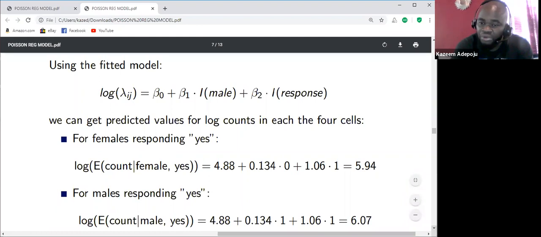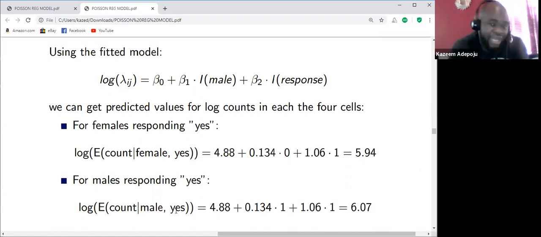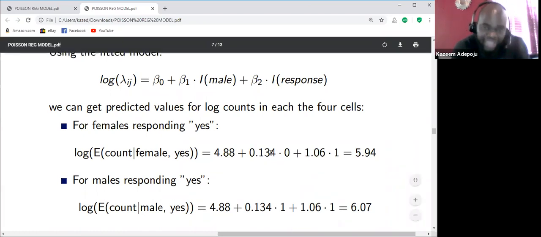If I want the one for male, you know what I'm going to plug in: 1 for male and 1 for the response, because the response is yes. At the same time, I can ask you to find female saying no. If you want to find female saying no, you know what you're going to plug in for no. Is there anyone who needs clarification on how to figure this out?